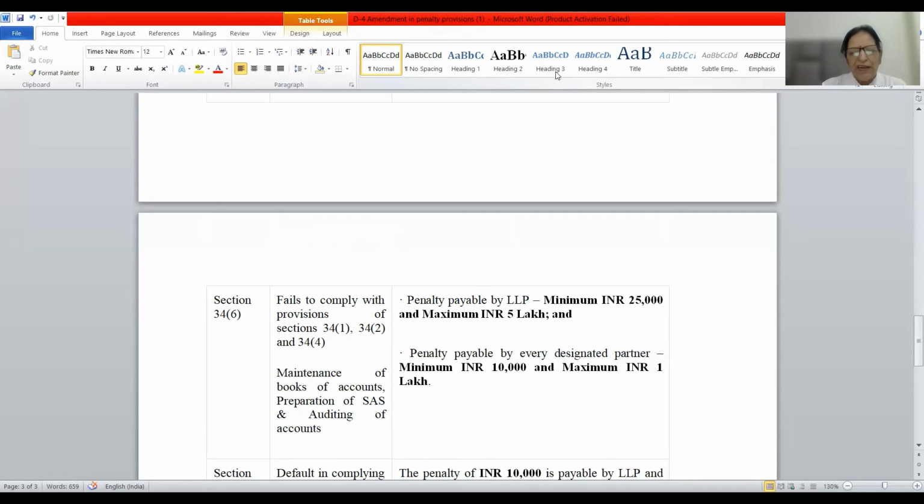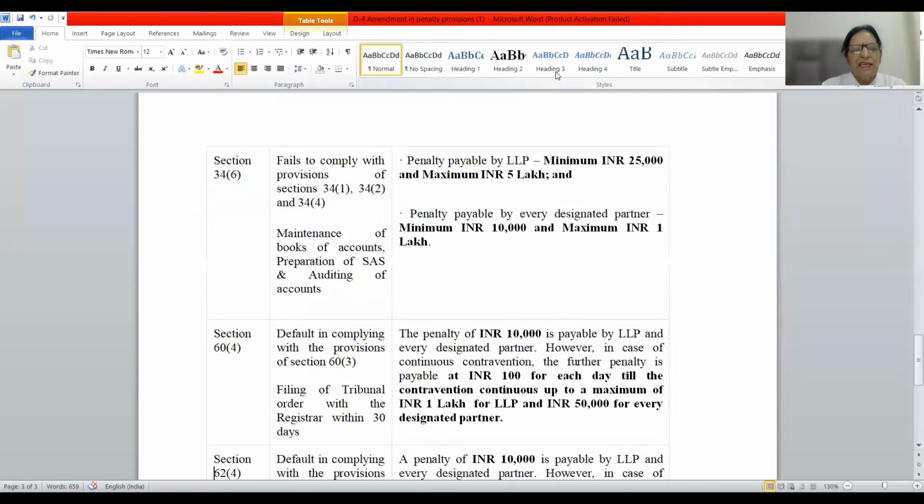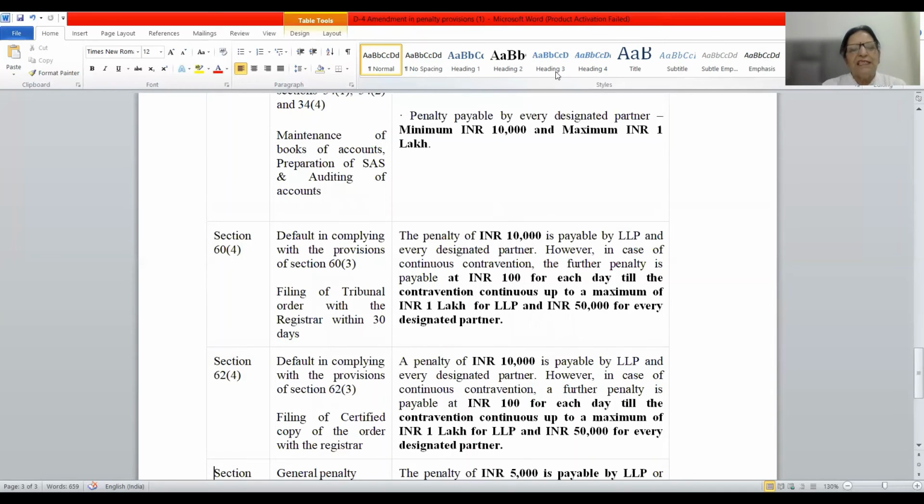Now moving ahead, friends, the next point is section 60 subsection 4. Default in complying with the provisions of section 60 subsection 3. And this section 60 subsection 3 deals with the filing of tribunal order with the registrar within 30 days. If tribunal has issued the order, then in that case the order has to be filed with the registrar within a period of 30 days.